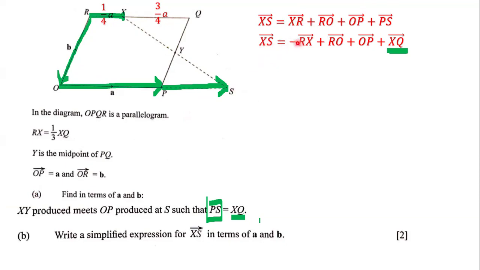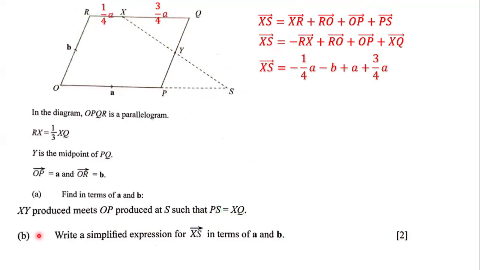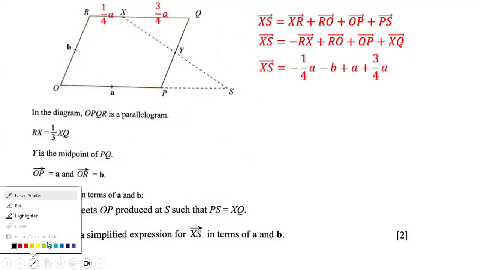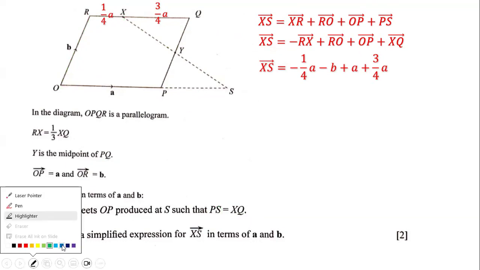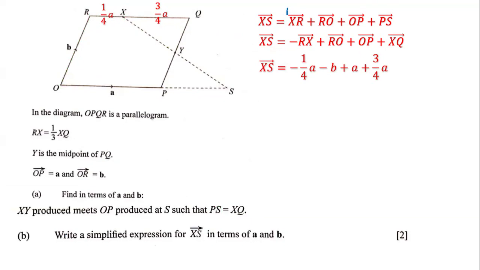So XS is equal to this. And it makes sense because if we do XS, XS is equal to XR. Now what is XR? Let me erase everything. Let me go ahead and use a highlighter, a different color. So we have XR. What is XR? XR is equal to negative 1 over 4A.